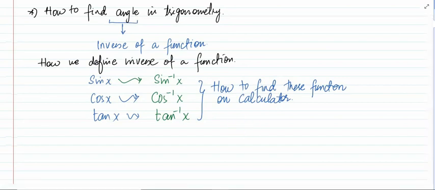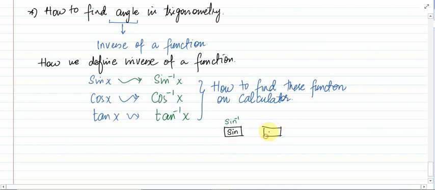Now in your calculator, if you see the key of sine, you observe that at the top of this key you have sine inverse, right? Similarly, if you have a key of cos, on the top of it you have cos inverse, and similarly for tan inverse.